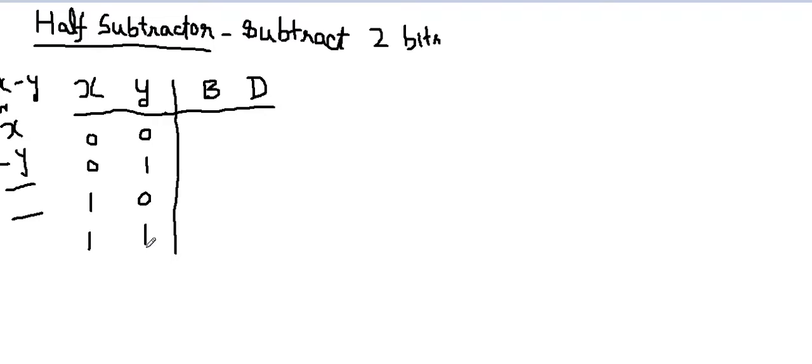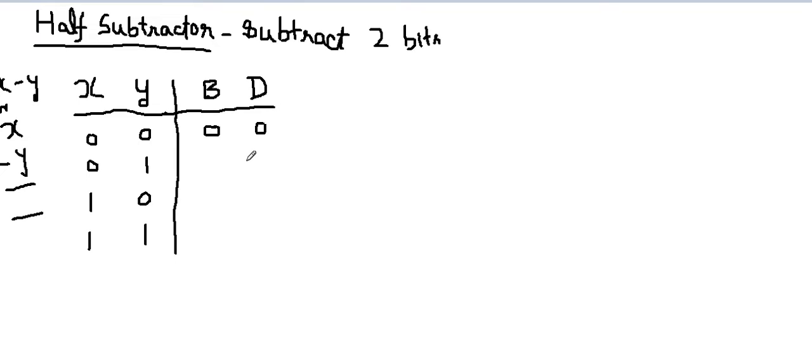half adders. In the case of 0 0, the difference will be 0, and we don't need to borrow, so we put 0 here. In the case where x is 0 and y is 1, so 0 minus 1, what is the difference?